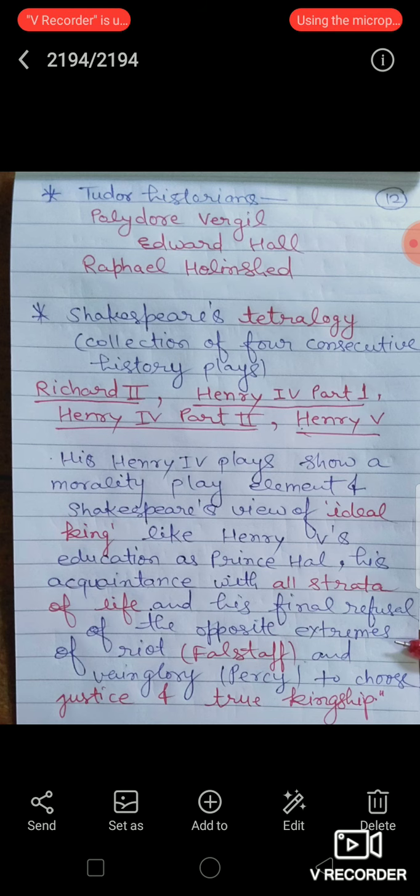a better ruler, he needs to cope with all the threads of life, as we see in the movie Bahubali 2, how Bahubali is sent to different parts of his state to know the condition of his people, so that he can manage his kingdom in a better manner after becoming a king.